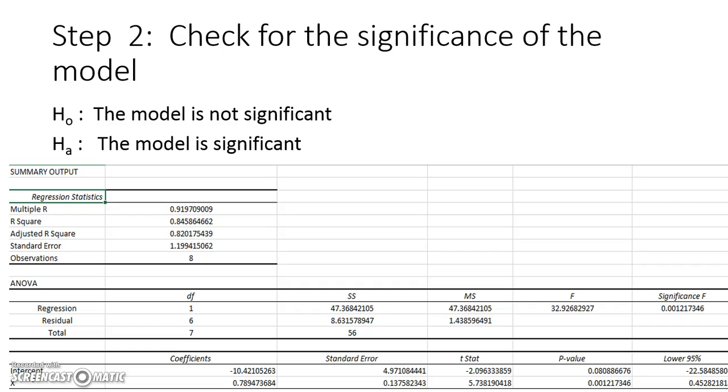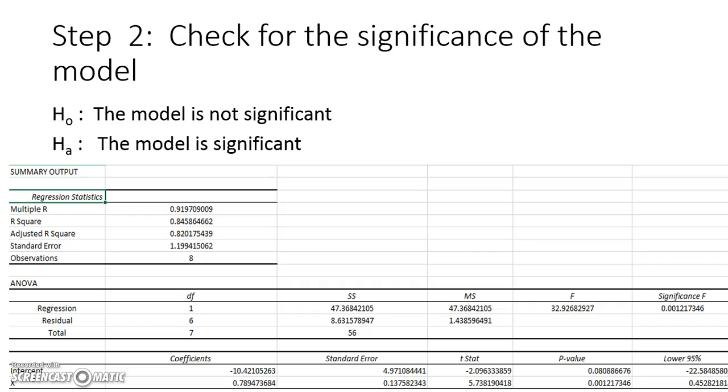Since in this problem we had 8 observations, the degrees of freedom for total is 7. The corresponding mean sum of squares are got by dividing the sum of squares corresponding to regression and residual by their corresponding degrees of freedom.